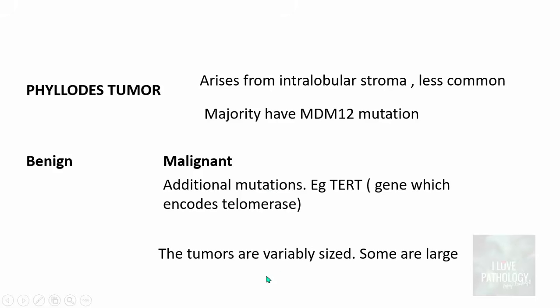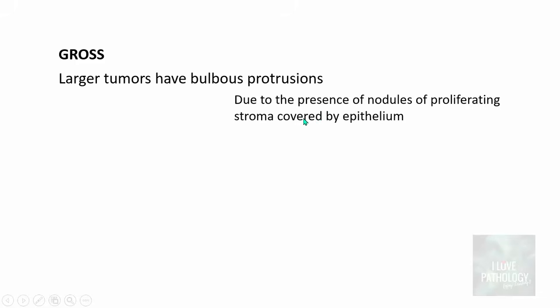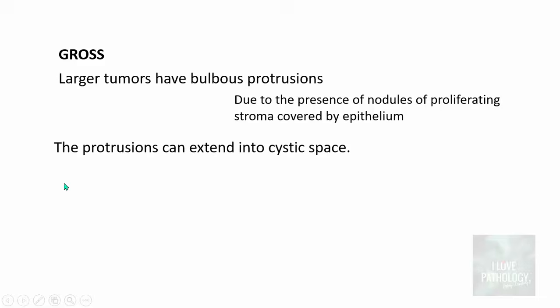And these tumors are variably sized. Some are very large tumors. Grossly, the larger tumors have bulbous protrusions because of the presence of nodules of proliferating stroma, and the proliferating stroma is covered by the epithelium. The protrusions can extend into a cystic-like space or cavity.